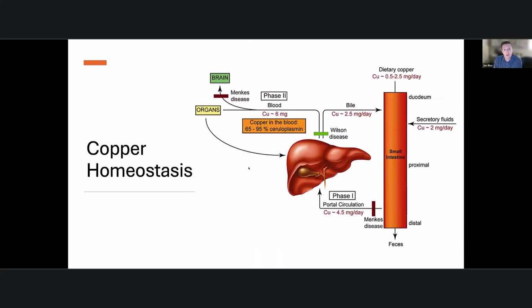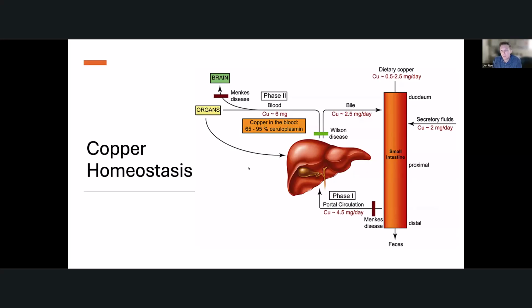So it enters enterally through our diet, and we take in about 0.5 to 2.5 milligrams per day of copper. This is absorbed in the duodenum in the small intestine, and then it's transported to the liver via portal circulation on albumin. There, it's incorporated into ceruloplasmin, which we'll talk about, using an important enzyme called ATP7B, which we'll also talk about.